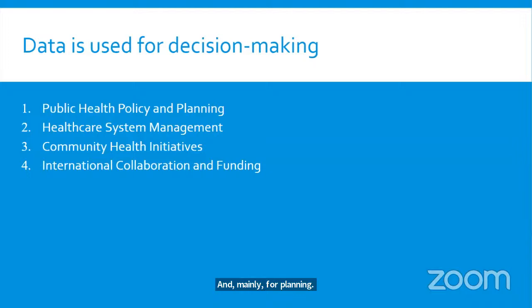These data are used mainly for resource allocation. As on the first page of my presentation, the NCDs take a huge chunk of deaths. So these days, most of the resources are now directed to prevention, but also to treatment.